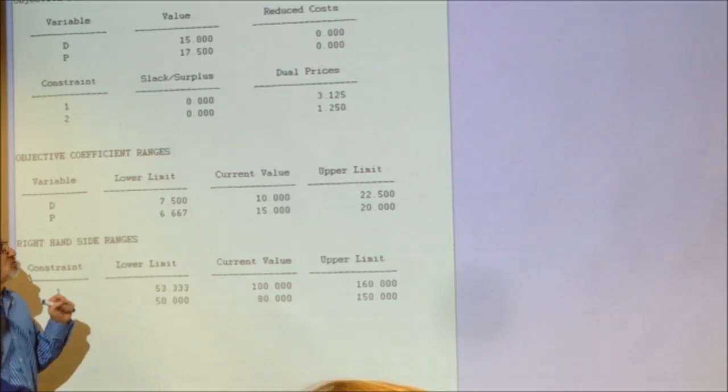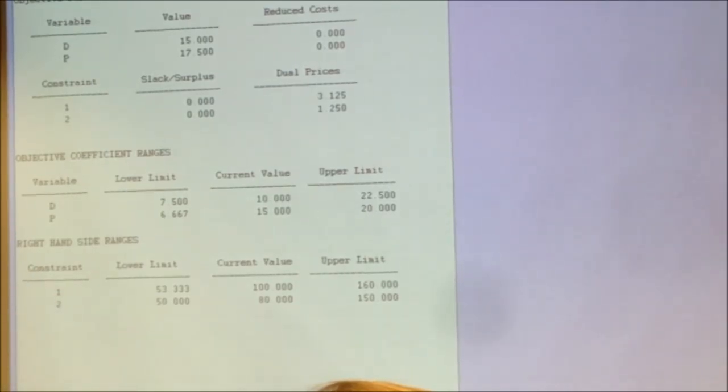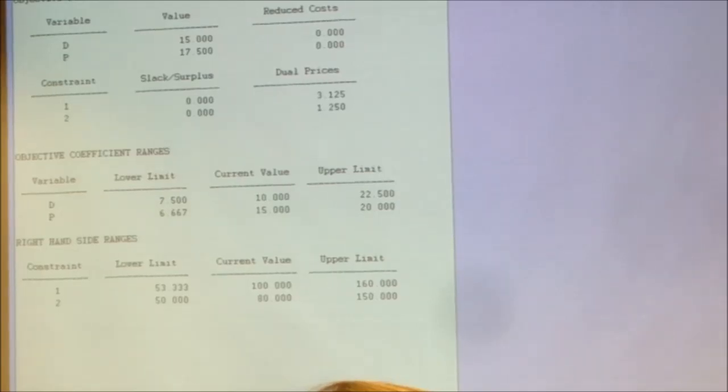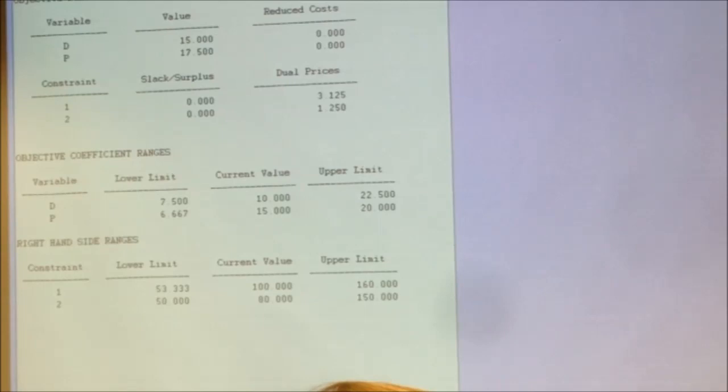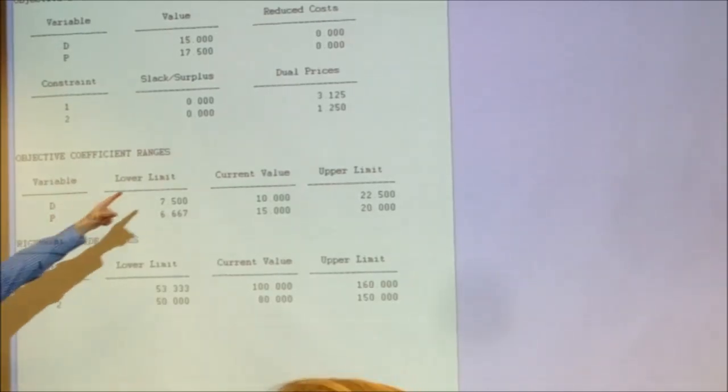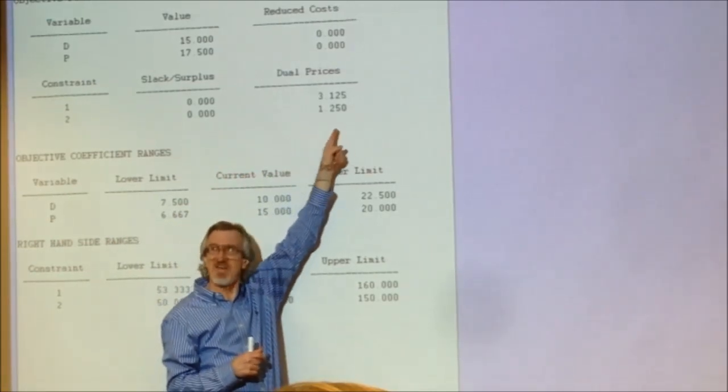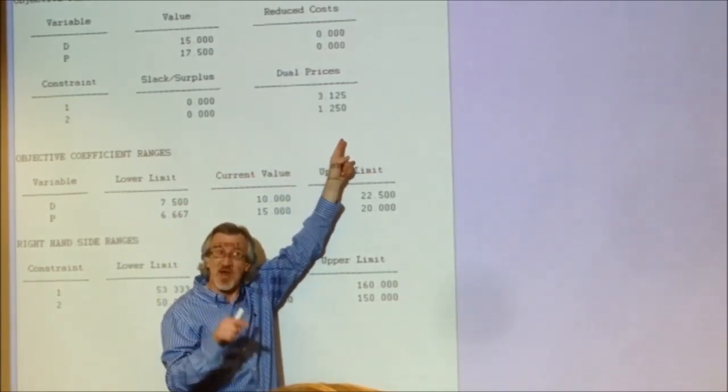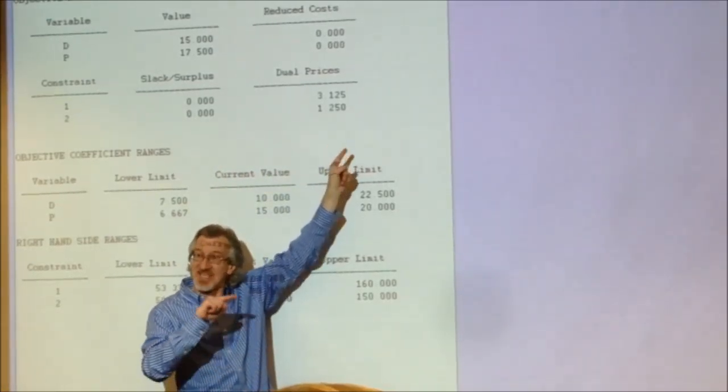Next, look at the dual price for constraint 1. What's happening, these extra 10 pounds, will it end up having a positive or negative effect? Positive. Because it's increasing, this dual price always tells you the effect it's going to have if the right-hand side of that constraint is increasing.